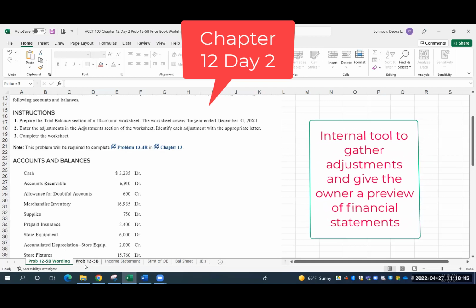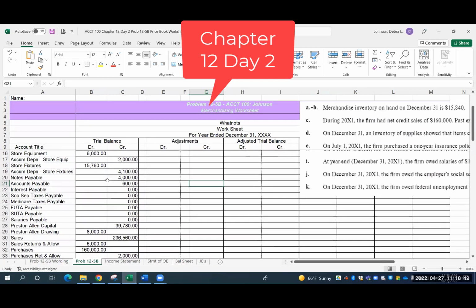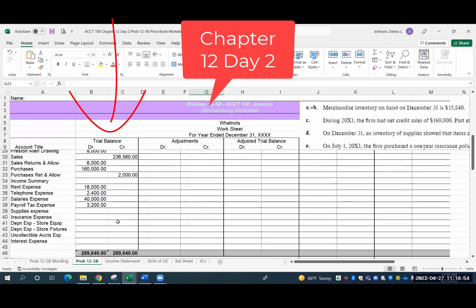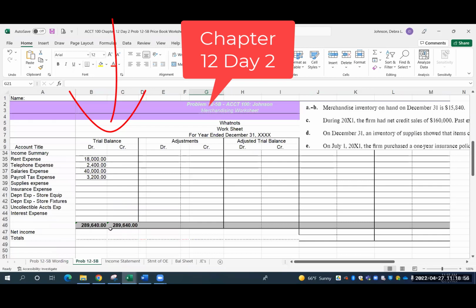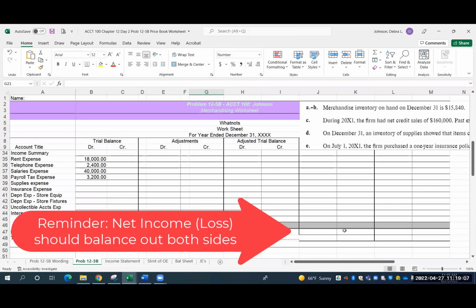So in the interest of time, I filled in the debits and credits that they gave us, and I totaled it up at the bottom. You would be expected to be able to do something like that. I started us off in the interest of time. And our goal is, remember, if we do this correctly, the two net incomes at the bottom better balance each other out.